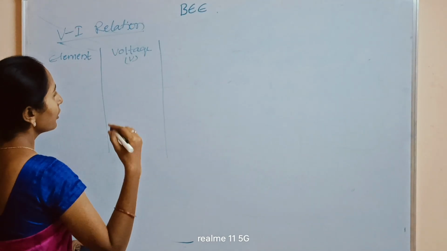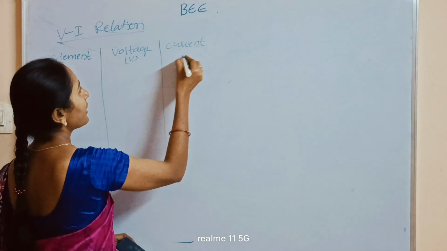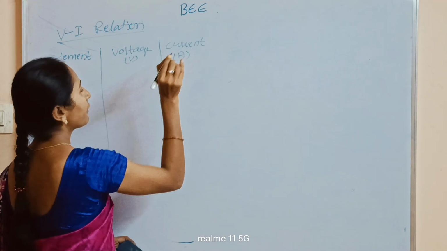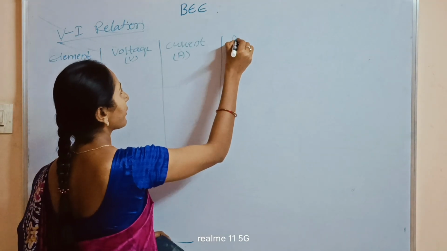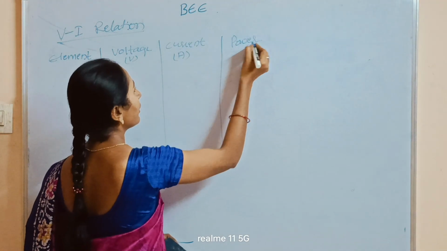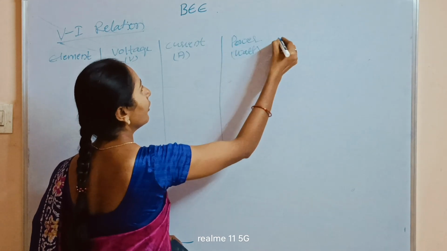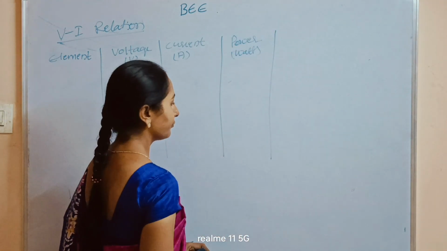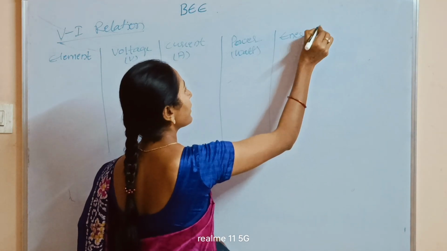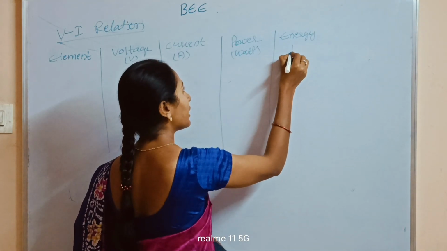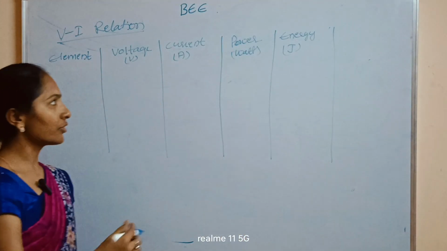Second, current is measured in amperes, denoted with the letter A. Third, power is measured in watts. Last one, energy, is measured in joules.